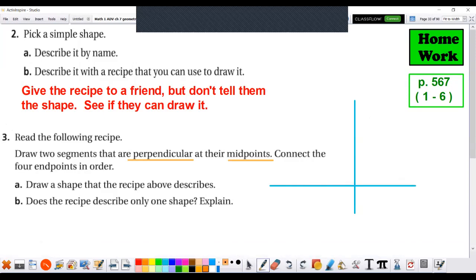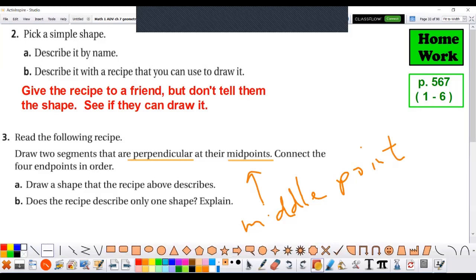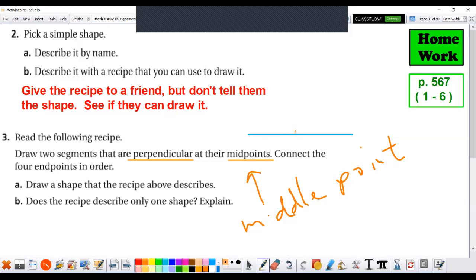But the next thing, where they cross, they need to cross at their midpoints. What's a midpoint? That is the middle point. In other words, you've got a line, you find the exact middle of it. Here's the middle right there. When people draw a segment, some people like to put an end point on the end.